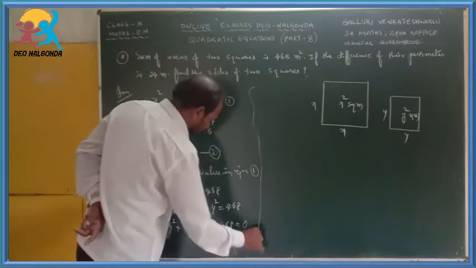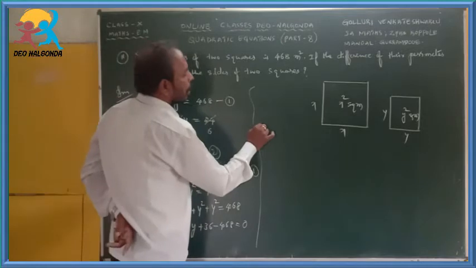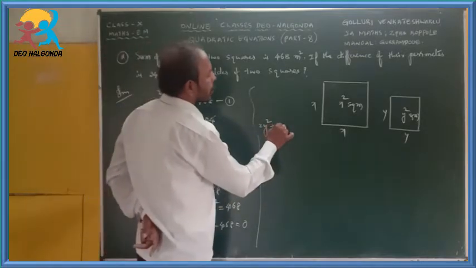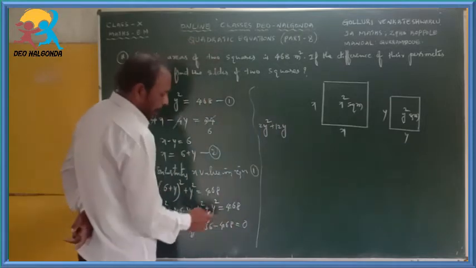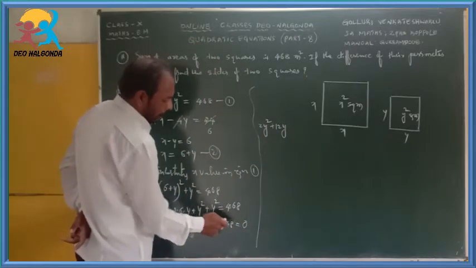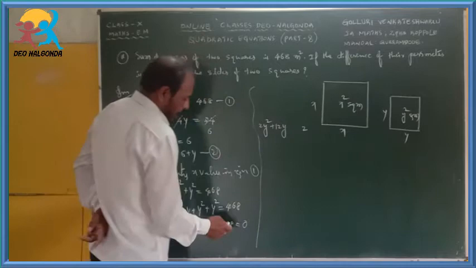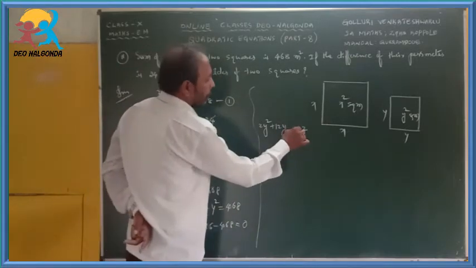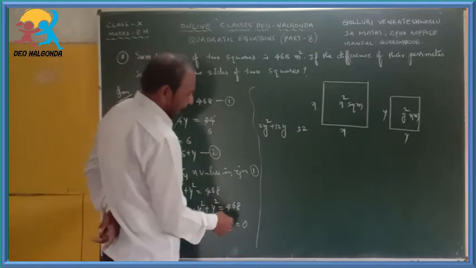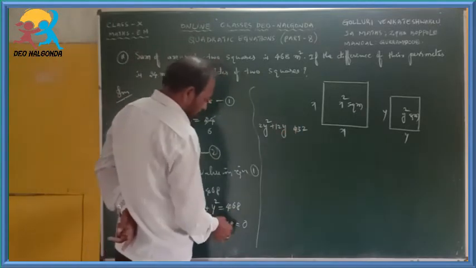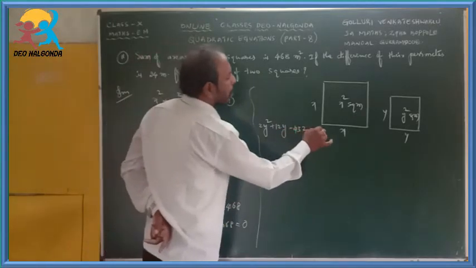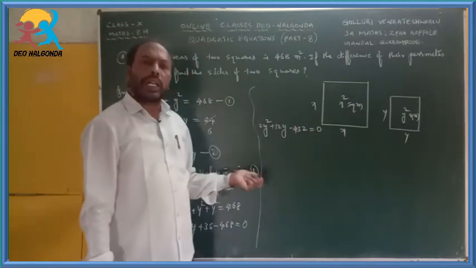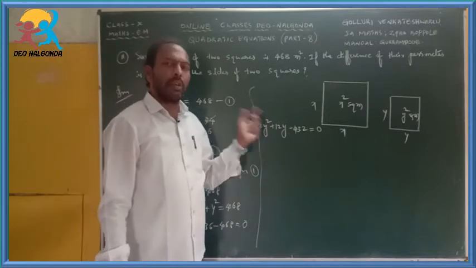Look here, 2y square plus 12y, and next 36 minus 468, which is minus 432, is equal to 0. Here we obtain a quadratic equation which contains the single variable y.